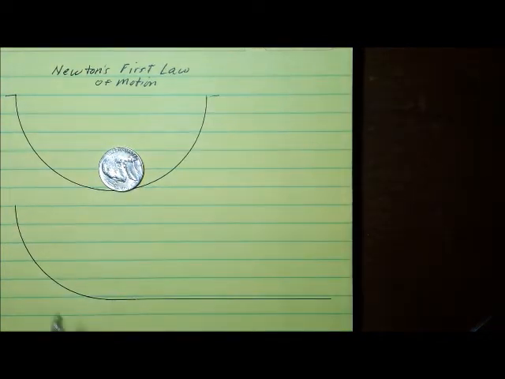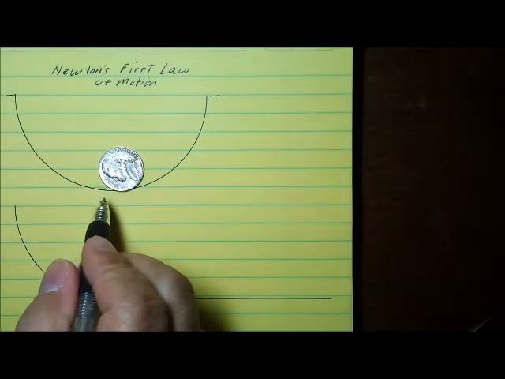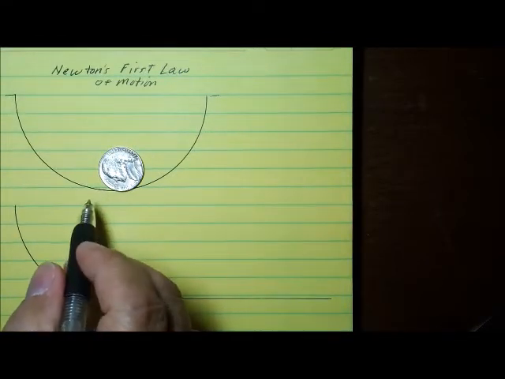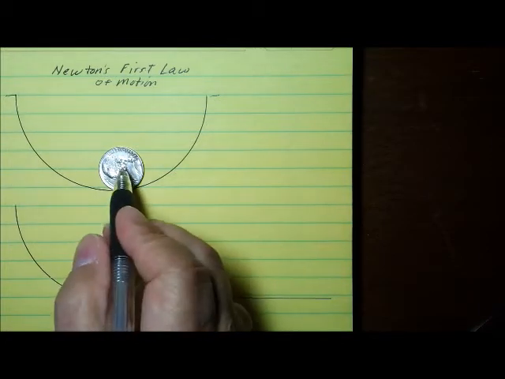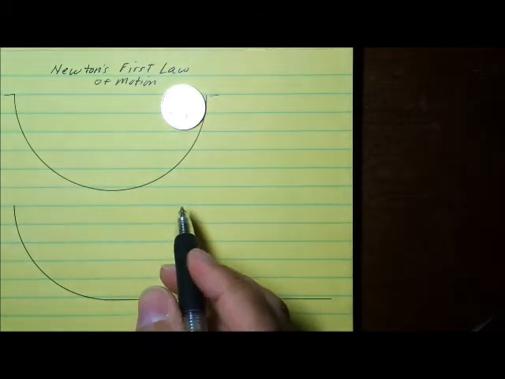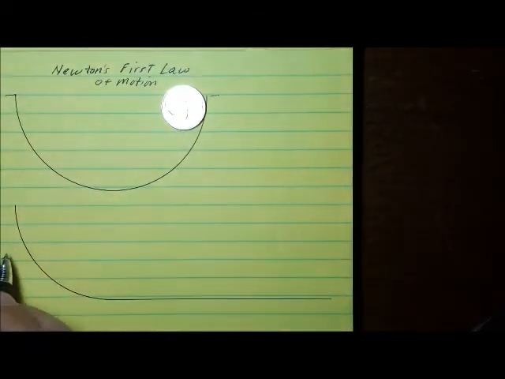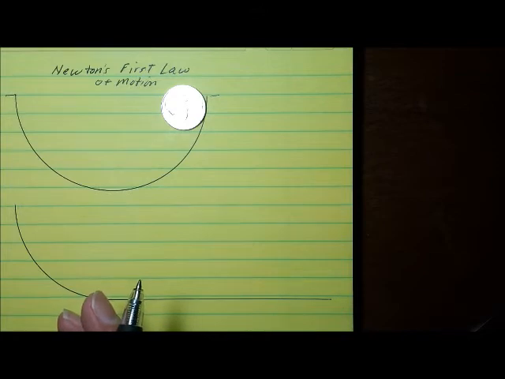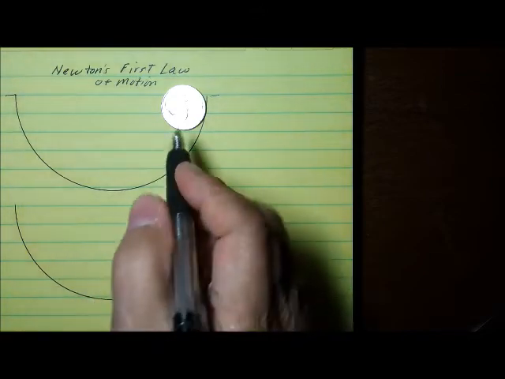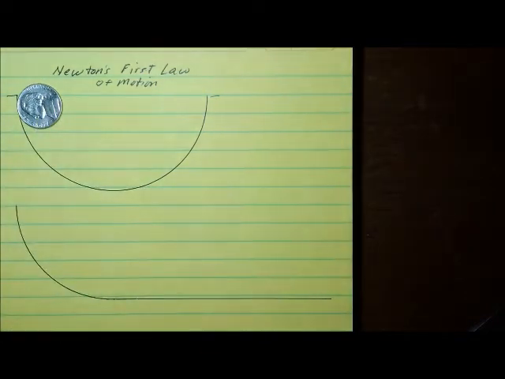Now, let's just suppose we could somehow magically take all of the friction away. If we took all of the friction away, and I pose the same question, if I release the ball, how high will it reach on the left side of the valley? Well, if I took the friction away, the obvious answer would be it would roll up to its original height on this left side of the valley.